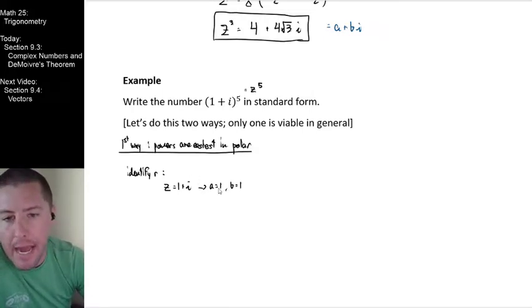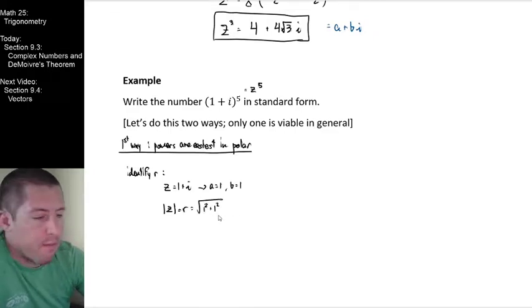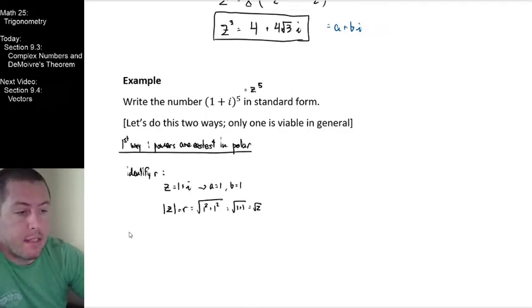I have 1i, so that's why b is going to be 1 right there. Therefore, the magnitude of z, or what we might call r, is going to be the square root of 1 squared plus 1 squared. Well, 1 squared for each of those is just 1. So the square root of 1 plus 1, that's just going to be the square root of 2. So I know what my magnitude is.